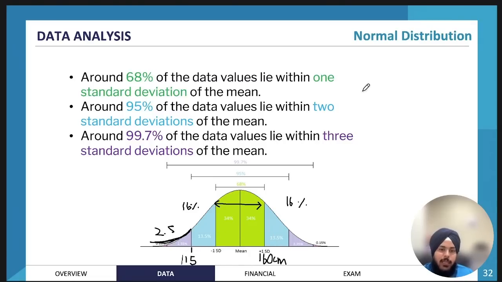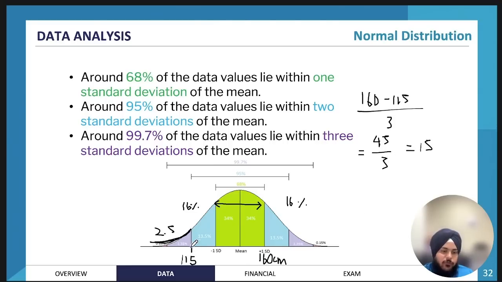What we're essentially doing is taking the distance between 160 and 115, divided by 3, and that way we will get what this interval represents. 160 minus 115 is 45. 45 divided by 3 is equal to 15.